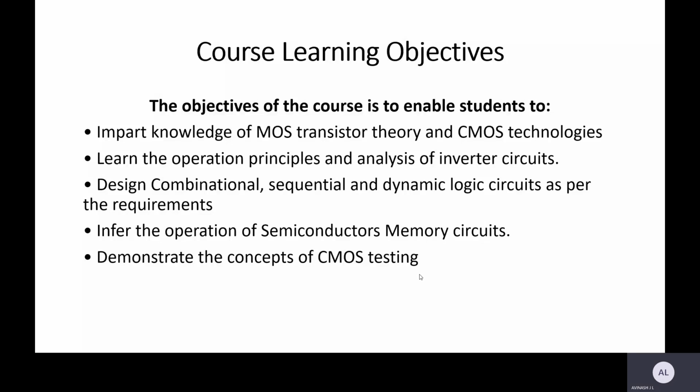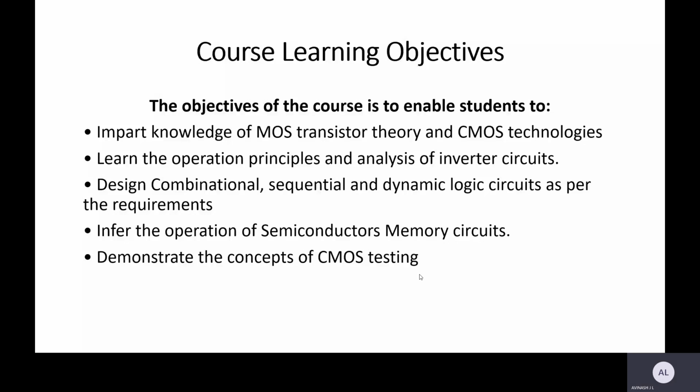That is why we need to understand these things. Then, demonstrate the concepts of CMOS testing. At the student level, how we design the circuit, how it works, and whether it works as per our requirement, we need to do that testing.